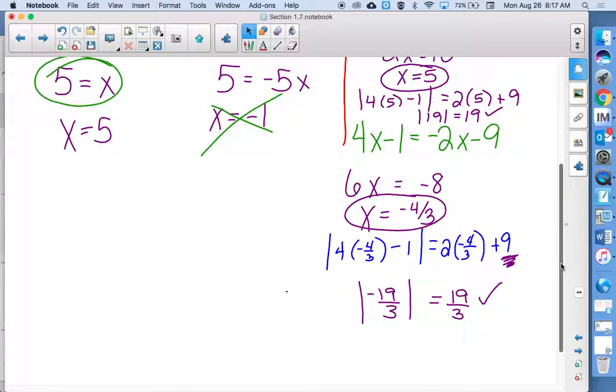So for your homework tonight, I'd like you to do the odds of this worksheet. Either do the problems on the back, because the back is actually blank, or on a separate piece of paper because you like using line paper.